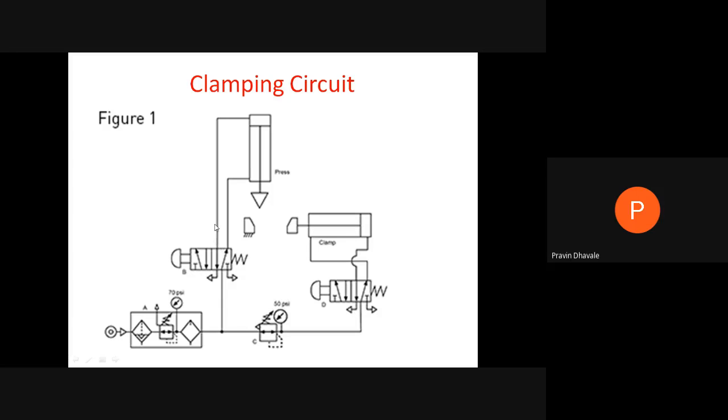Because of that, the compressed air will be passing on the upper side of the piston. It will move the punching machine or this press in a downward direction. So whatever air is on the bottom side of this piston will come to this point, this point, and this point, and be thrown out to the atmosphere.